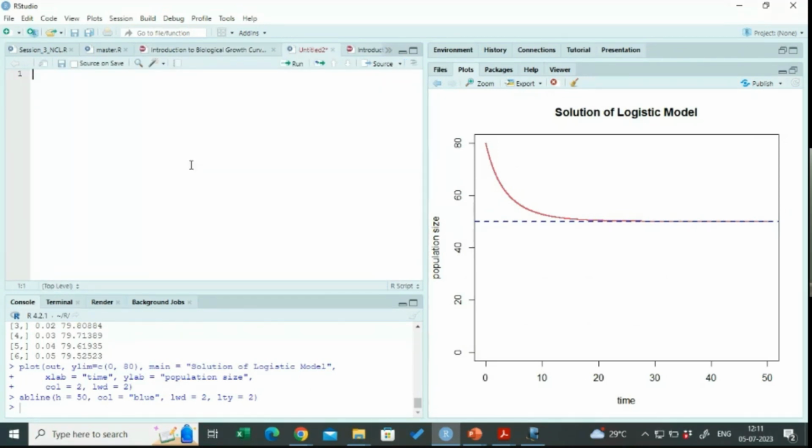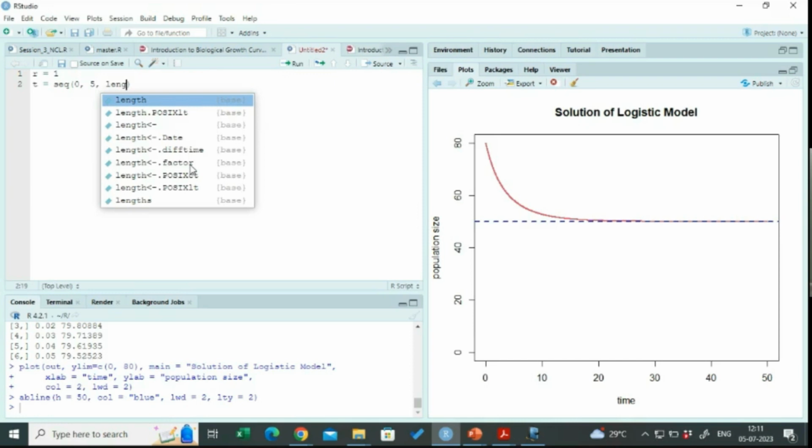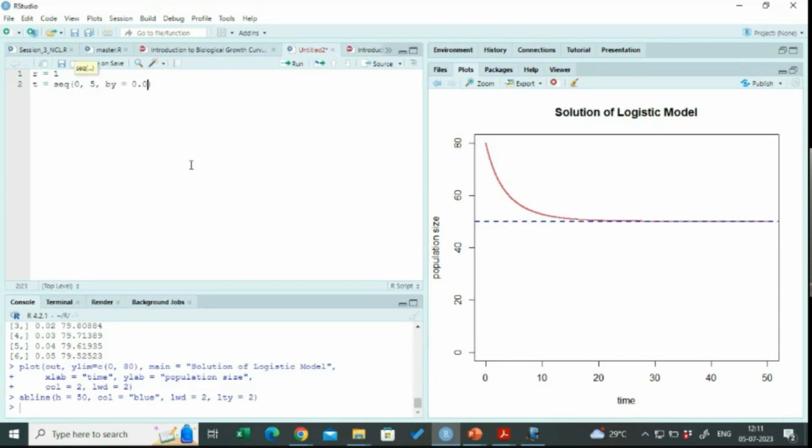Suppose we have a population, say for example r is equal to 1, and you take t as a sequence from 0 to 5, and y is equal to 0.1. You all know about this.